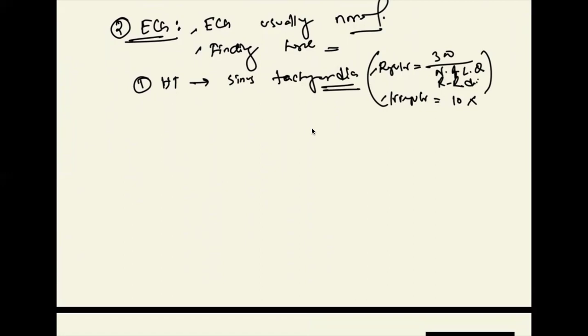In a 10-second strip, 30 large blocks, how many QRS complexes are present here? Multiply by 10, that is the irregular heart rate.